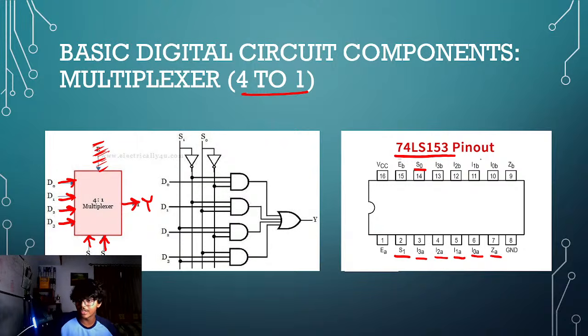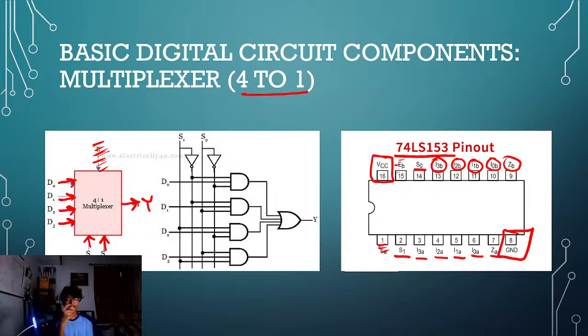Similarly, your multiplexer B has 4 inputs, which are these, and one output, ZB. Forget about this for now. Again, this is the enable pin. And as for any IC, you have VCC and ground as well. Is that clear?